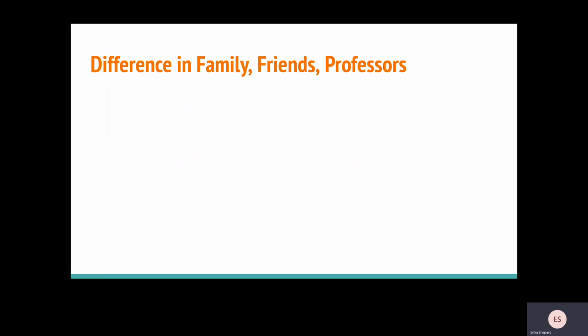From leniency to more strict, it goes friends, then my family, and then my professors being the most strict. By strict, I mean I follow sentence structure rules and grammar rules to a T, or at least I try to. I make sure that my English word choice is at the same level as how I'm speaking to professors and those above me.